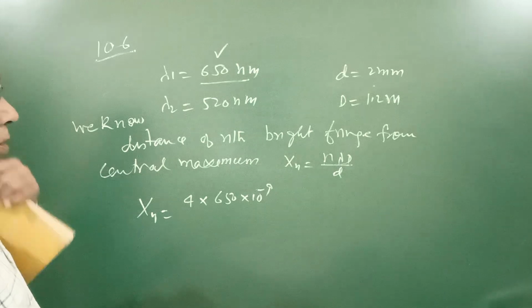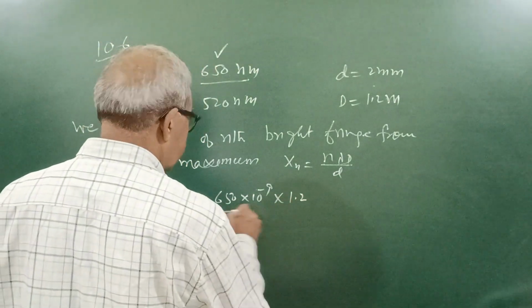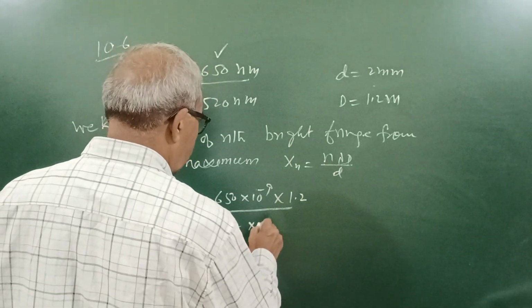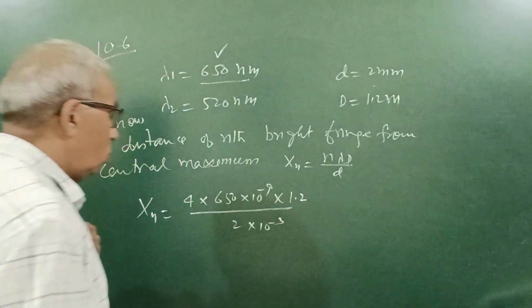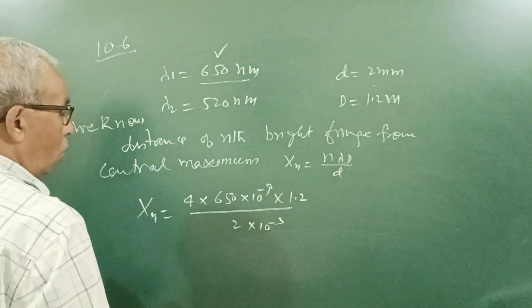The problem here is that the units are different. 1.2 upon 2 millimeter, which is 2 into 10 to power minus 3. You can simplify it easily. How?